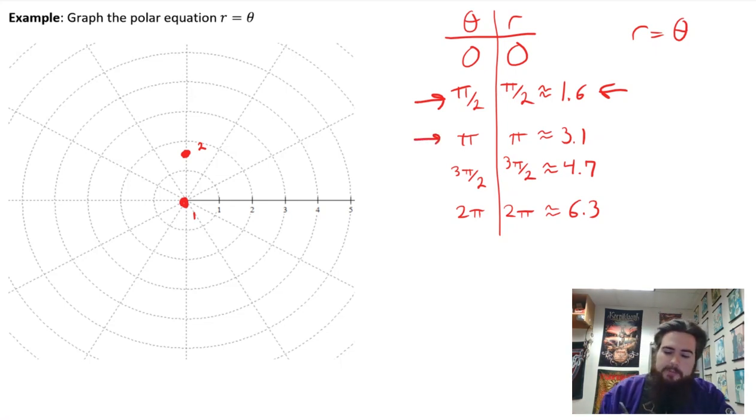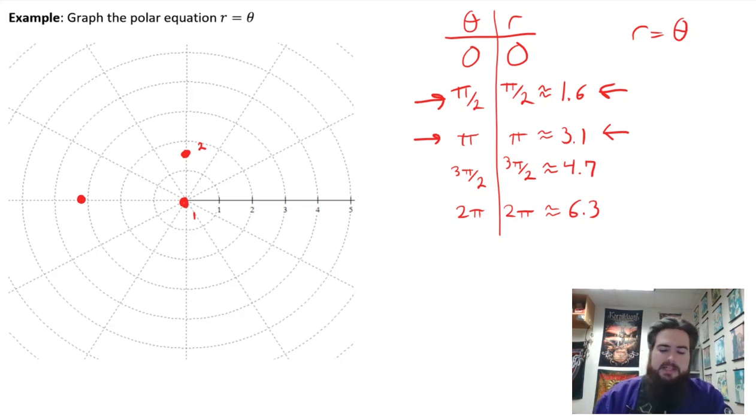That's my first point, that's my second point. My third point would be if I face towards pi, walk a distance of 3.1 in that direction. Pi would mean that I'm facing towards the negative x-axis on the Cartesian plane. I'm facing this direction, and I'm walking forward a distance of 3.1. This throws some people off, but this means that we're going to be 1, 2, 3, and a little bit further in the direction of pi.